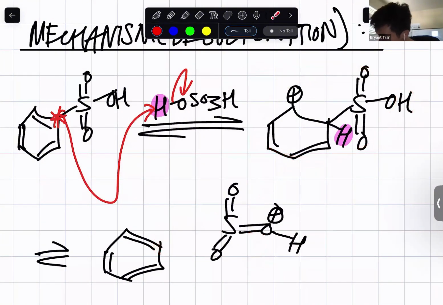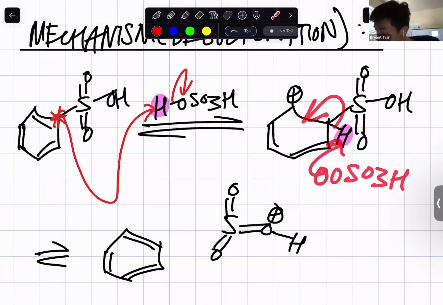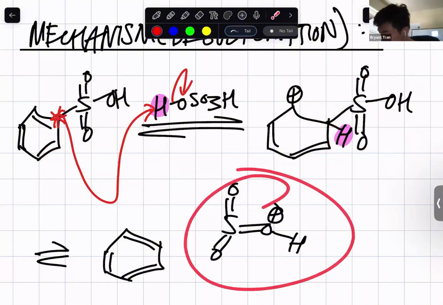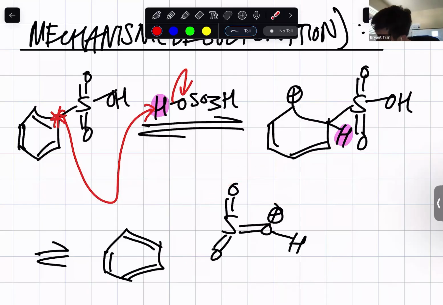But we want to go backwards now. And to go backwards here, we have our aromatic structure back. The SO3H is now gone. But we do not want the conjugate base of sulfuric acid to grab the proton and do the elimination reaction to reform the benzene, because that will go back to what we started with. The SO3H group is still there. Okay, but we want that to be gone.